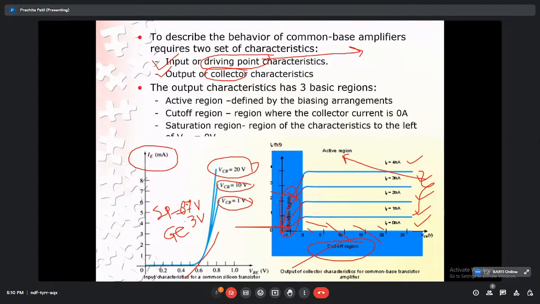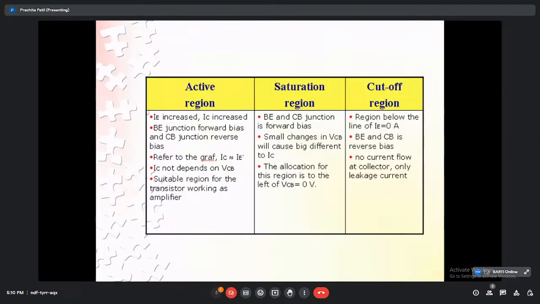These two terms are most important for MCQ type questions. The output characteristics has three basic regions, defined by the biasing arrangement: the active region, the region where the collector current is 0 ampere, and the saturation region of the characteristics to the left of this. This is called the saturation one. So you must remember the different characteristics, and that will be useful.